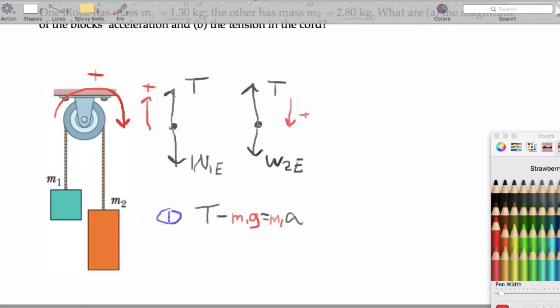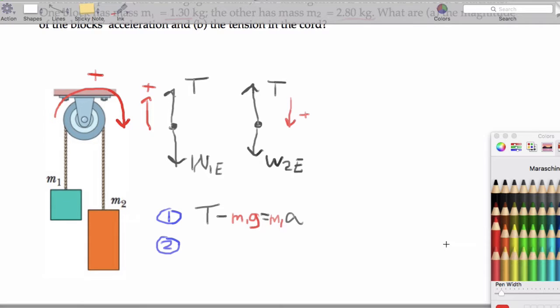And we can set up a similar equation for mass number 2. Now let's be clear, for mass number 2, downwards is the positive direction because that's the direction in which the mass moves counterclockwise and in the positive direction.